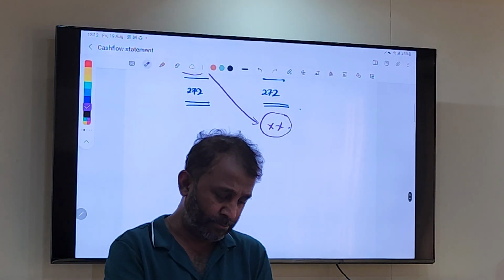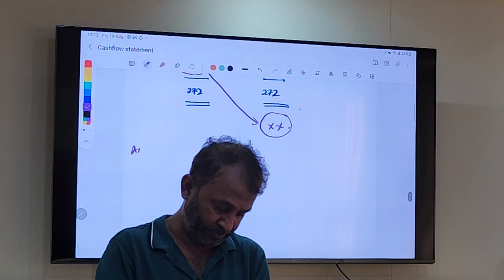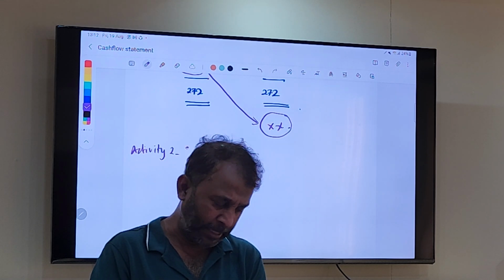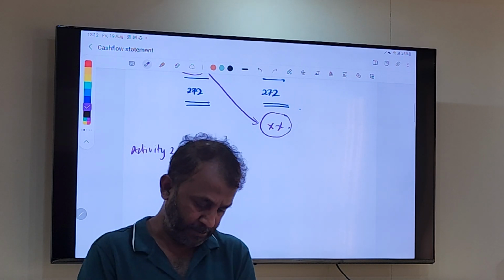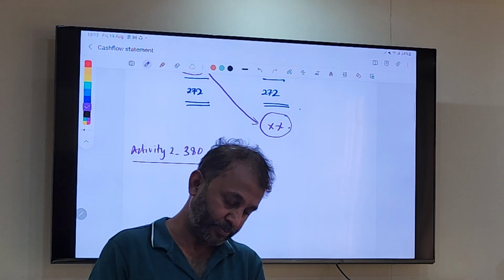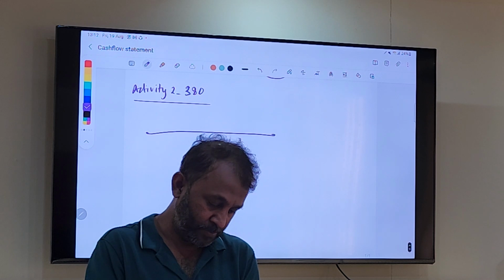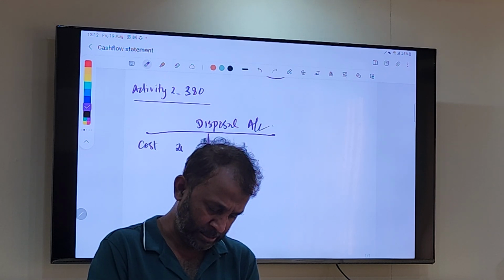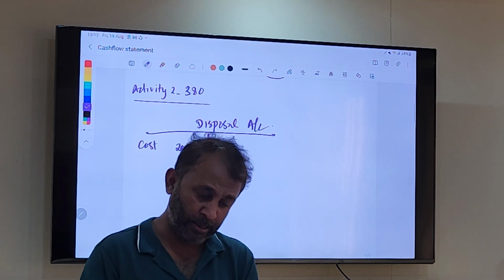So activity number, page two, number 378, 380. Right? I have the disposal account. The cost of the asset I am selling is 20.